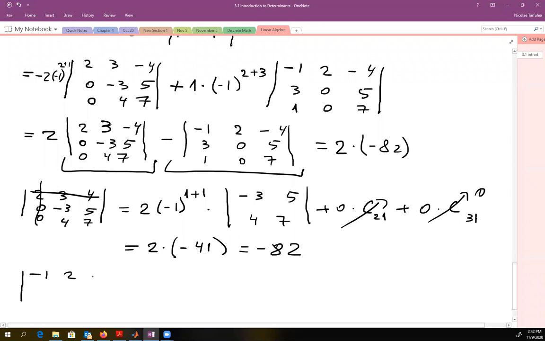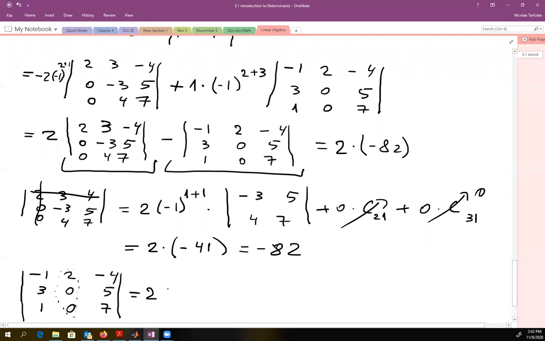So let's see how we expand this thing. So here you have 3, 0, 5, 1, 0, 7. Right? So I'm going to use this column, right? So this is what?